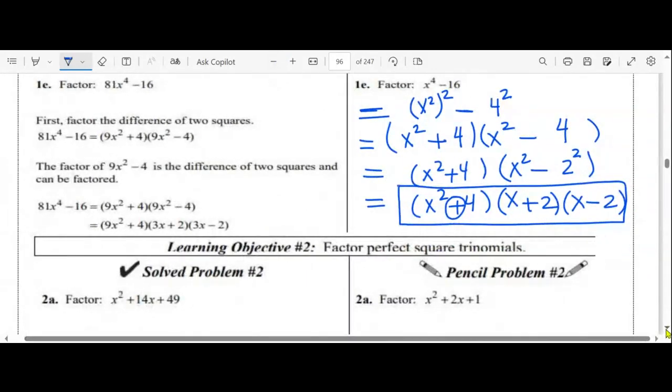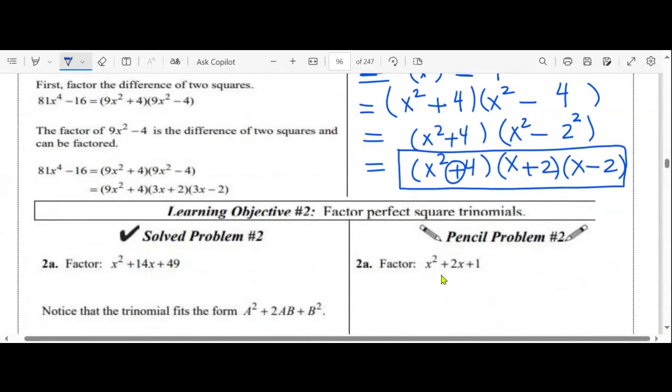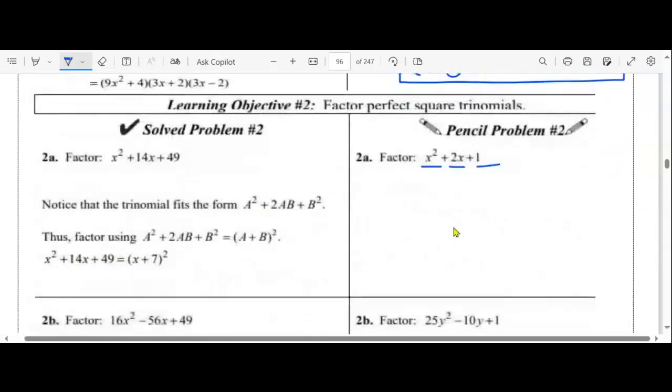Let's go to the next one. Now, how many terms are here? 3 terms. So that's factoring what? Trinomial, right? So let's see here. This is what? X and x, correct? What is 1 to the power of 1? 1. 1 squared, how much? 1.